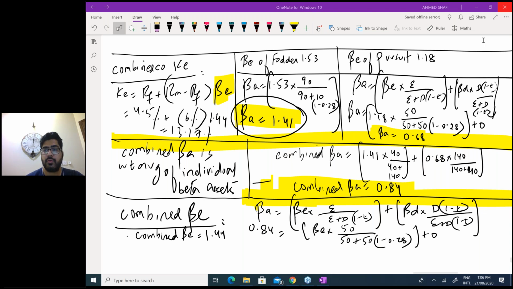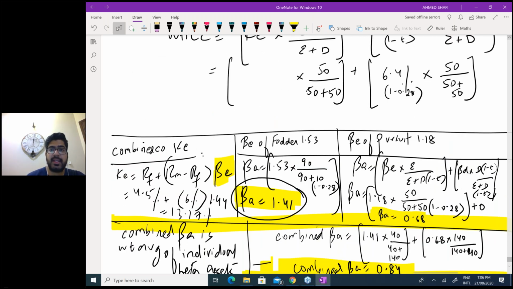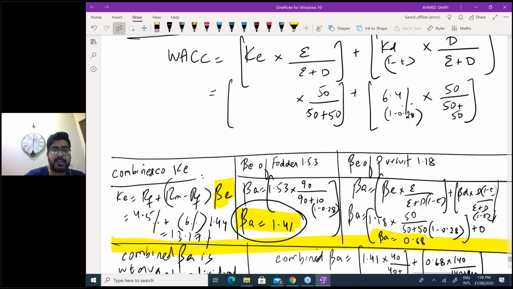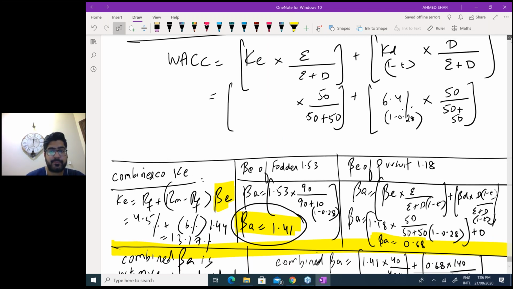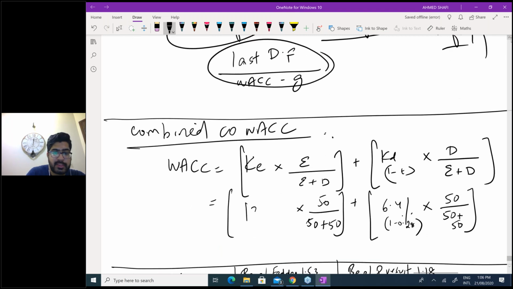Okay, so once you got the combined KE, that's what was missing, because we had the E and D, the KD, just the combined KE was missing. That was 13.17%, so we get the combined WACC as 9%.